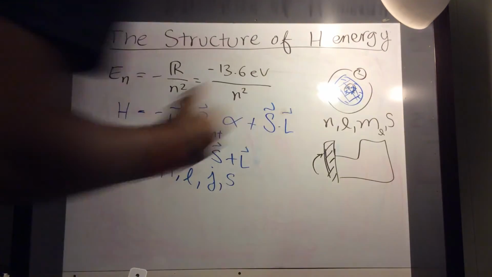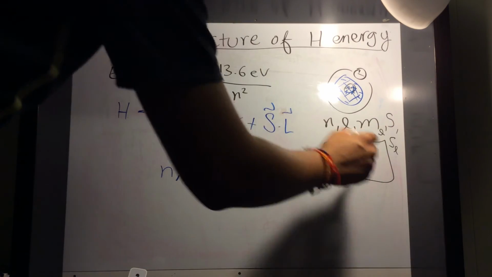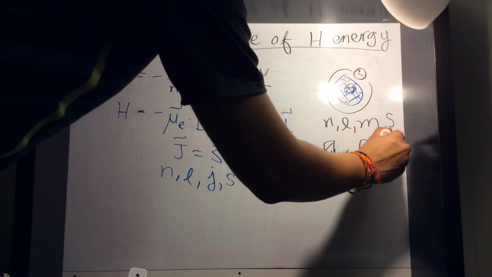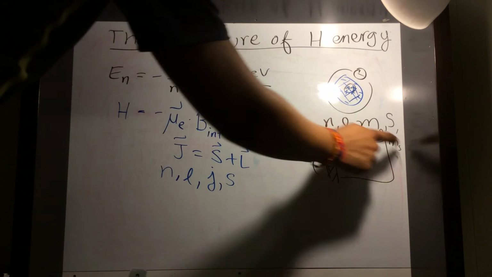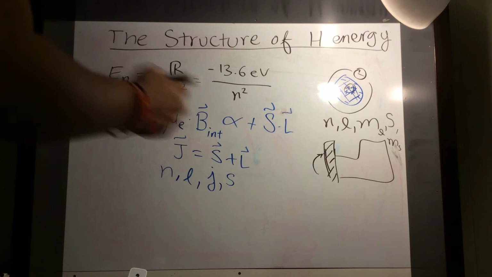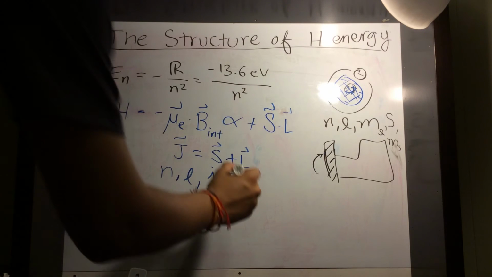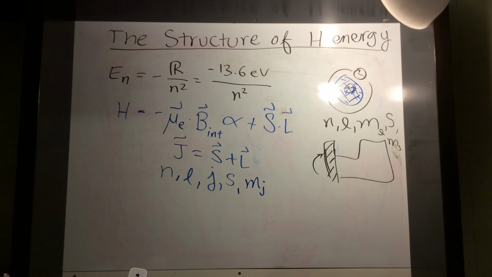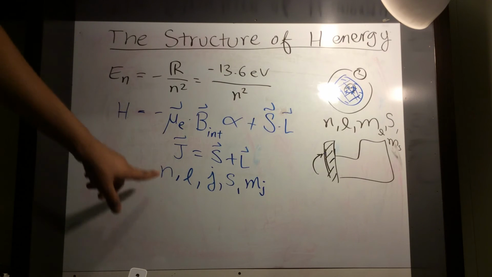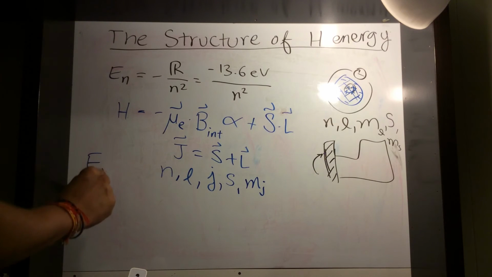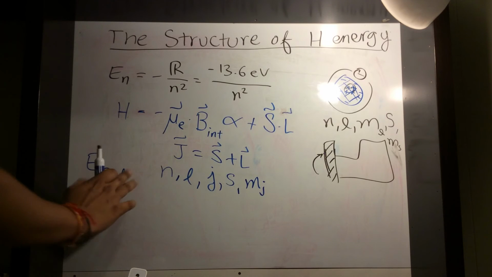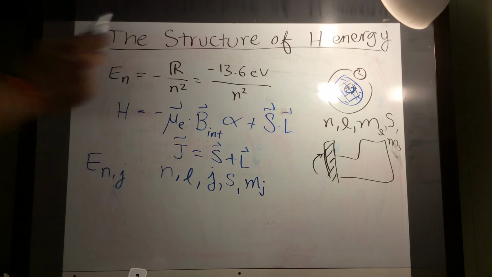You could also know S, and MS, the projection of spin on the z-axis, meaning spin up or spin down. So you see that ML and MS you no longer know. Instead, what you know is the projection of the total angular momentum, MJ. And now the energies don't only depend on n, but they also depend on J. So let's write that the energy now becomes a function of n, l and J.